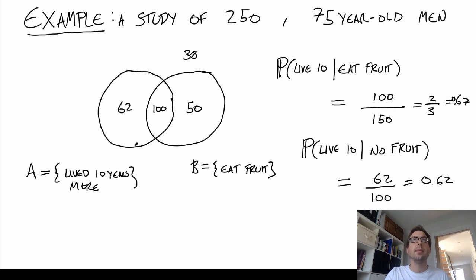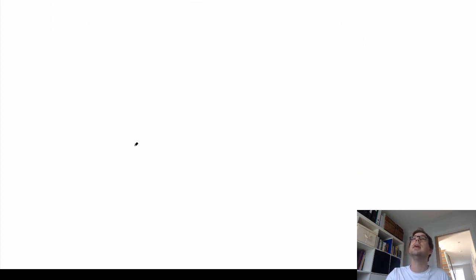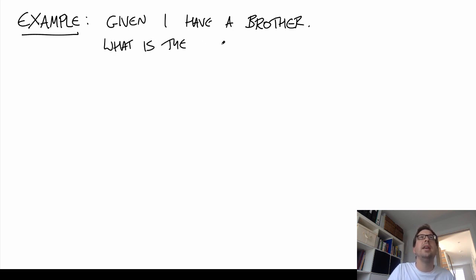All right. So sometimes probability can be a little bit unintuitive, and the following example that I'm going to give is one instance of that. Let's suppose I tell you that I have a brother, and I tell you that I have two siblings as well.